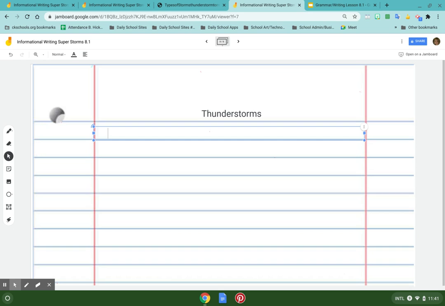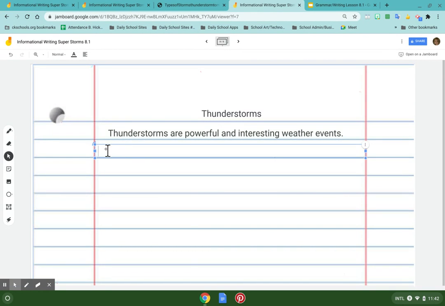And I would say thunderstorms are powerful and interesting weather events, right? Now, normally I would keep typing and this will drop down for me, but on this kind of program, it doesn't do it. So I would just keep typing now.